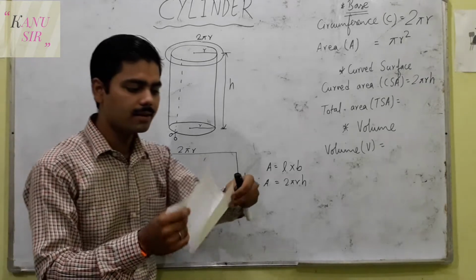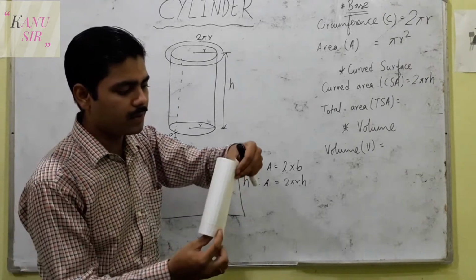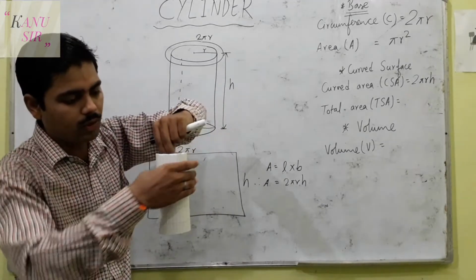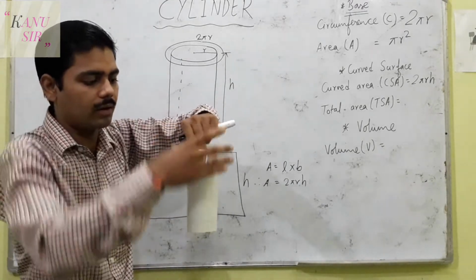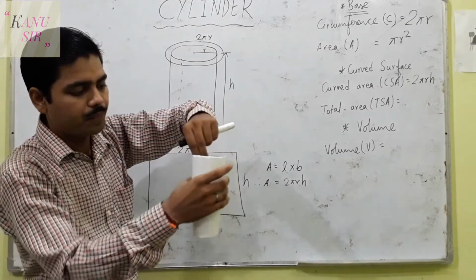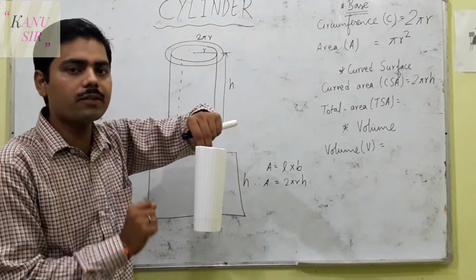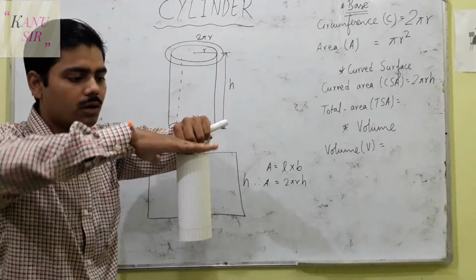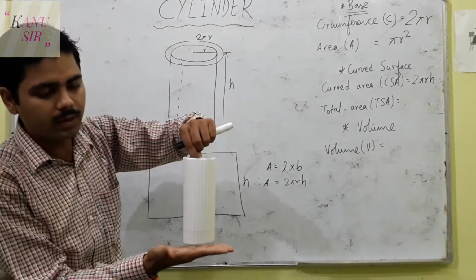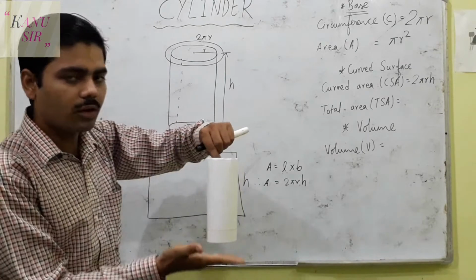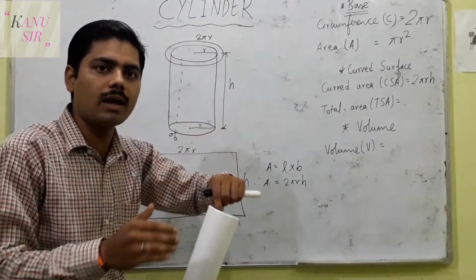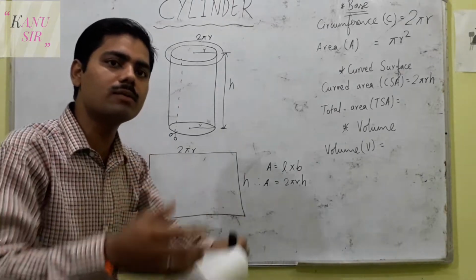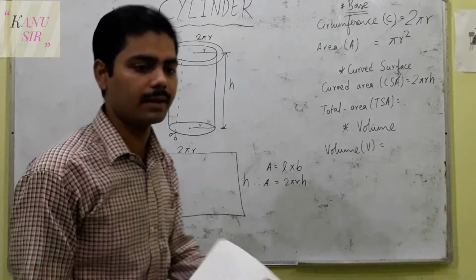Here you can see when this page looks like a cylinder, there is a circular area around it. This is called the curved surface area, and when we take the two circles above and below the cylinder and add the area of the two circles in the formula, it will be called the total surface area.